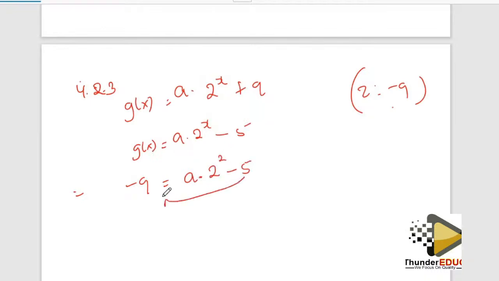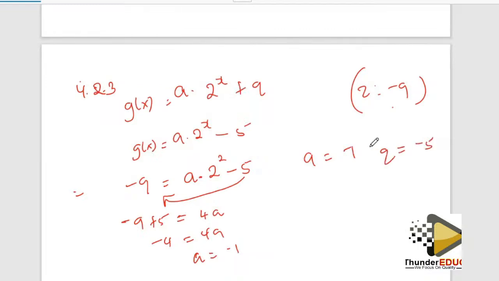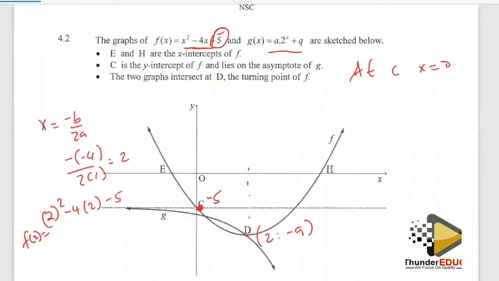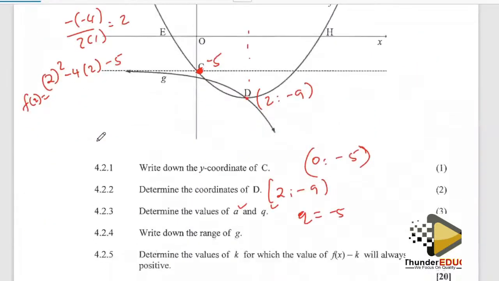I need to move this 5 to that side, so negative 9 plus 5 is equal to 4a. This gives me negative 4 equal to 4a, which means our a is negative 1. So a is negative 1 and q is negative 5. So guys, that is 4.2.3.